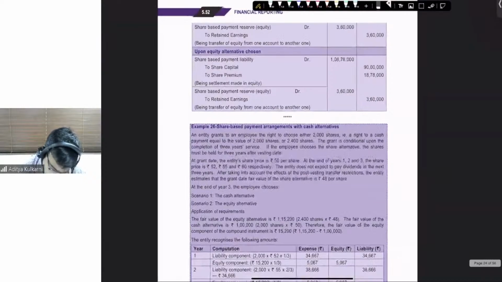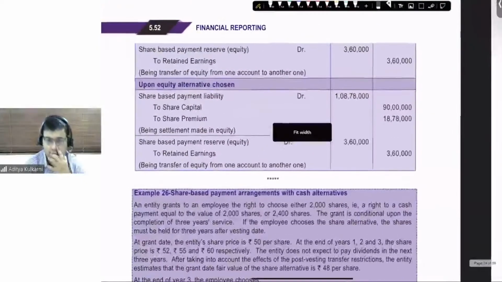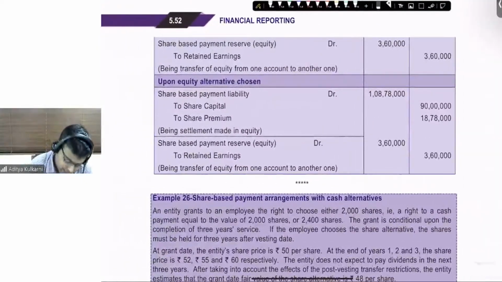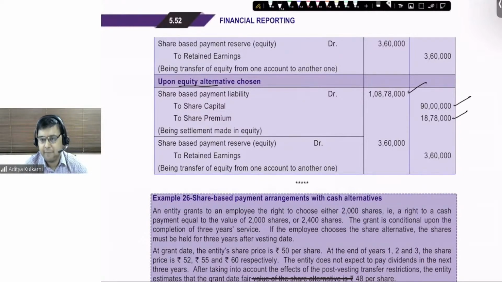Okay, so this is the solution which your study module has given for the equity alternative. SBP liability 1 crore 8 lakhs we have debited. They have taken share capital and share premium. And the SBP reserve is transferred to retained earnings. So this is what is printed in your study module.